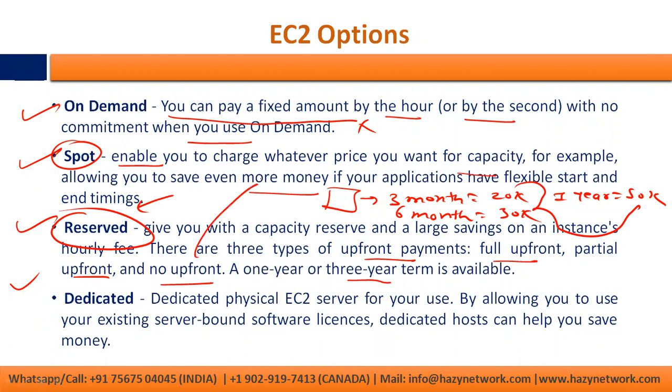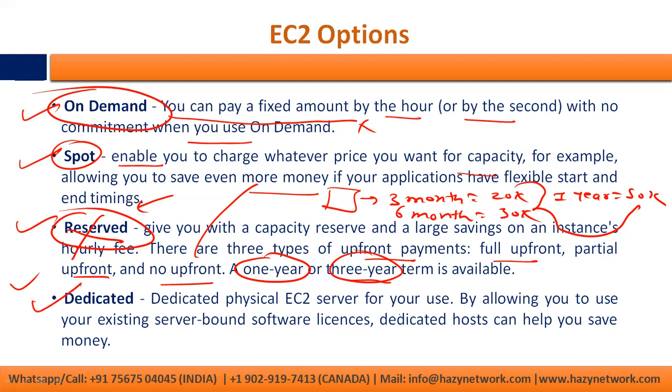This is best for people who want to move their entire data onto the cloud. Here Amazon says that if you purchase something from me for 1 year, you can save money. If you take it for 2 years, 3 years, still you can save money. But if you are saying that I want it only for 1 hour, then you are not coming in this category. Then you have to go with this one.